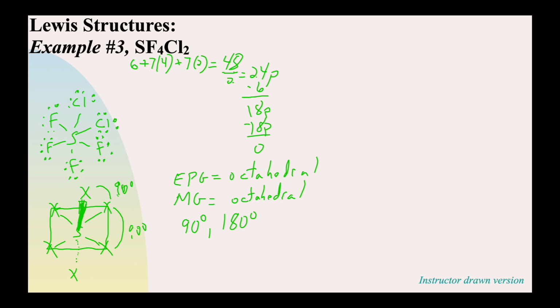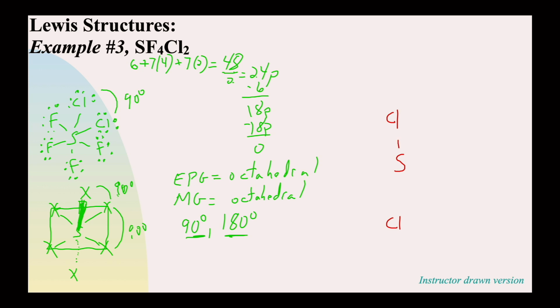If you look at the drawing that I did up here in the upper left, I would argue that the chlorine-sulfur-chlorine angle here is 90 degrees. But in an octahedron, you can also have 180 degrees. So over here, let me redraw this structure. I'm going to put the sulfur in the middle, and I'm going to put the chlorines opposite each other.